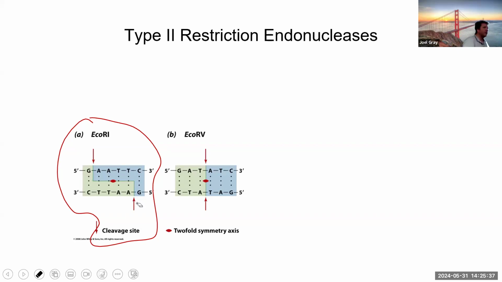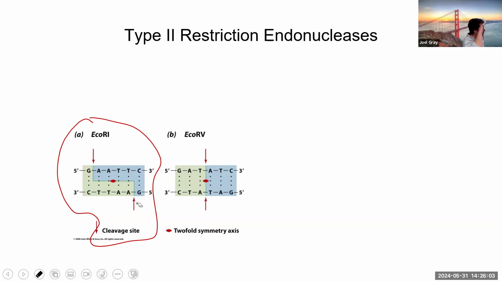So the question that I love to ask, and that I love to think about, is when we break the phosphodiester bonds, those are the only bonds that our restriction enzyme is going to directly be breaking. Are hydrogen bonds ultimately broken? Yes, they can potentially be, when the 2 cleavage sites are not directly across from one another.